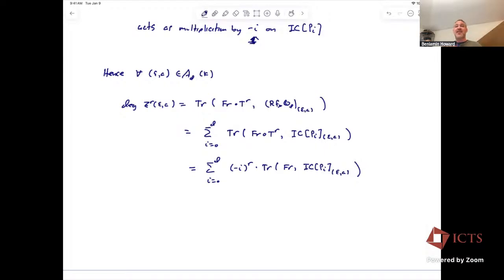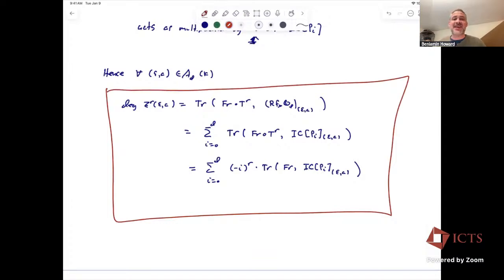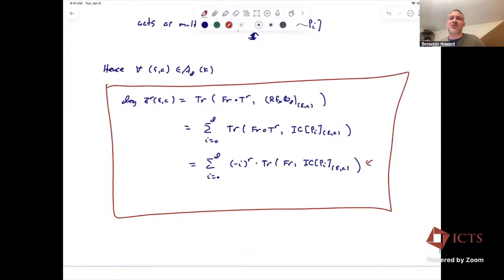Okay. And that's the final formula on the geometric side, on the side of the special cycles. And that's the thing, this last expression is the one that we want to compare with something coming from an Eisenstein series.